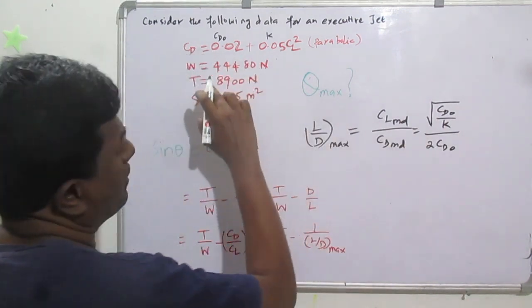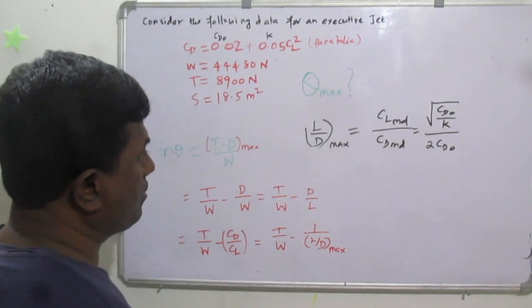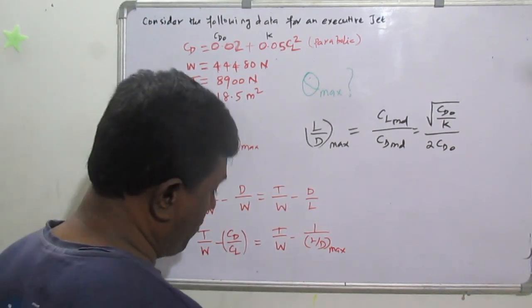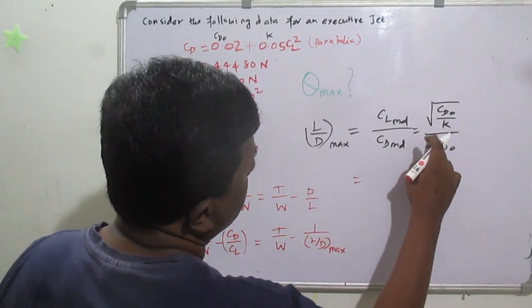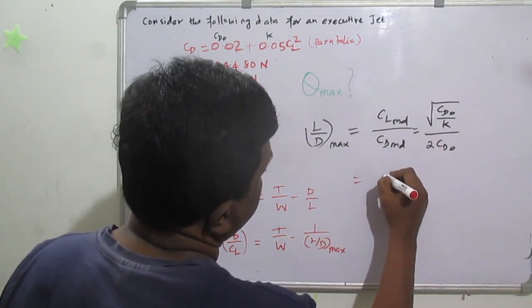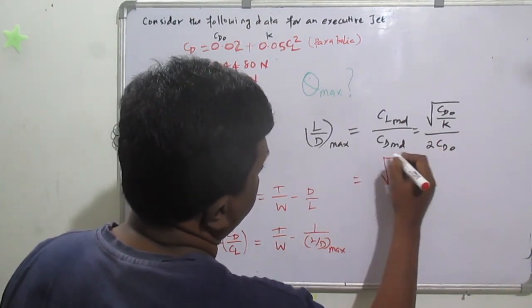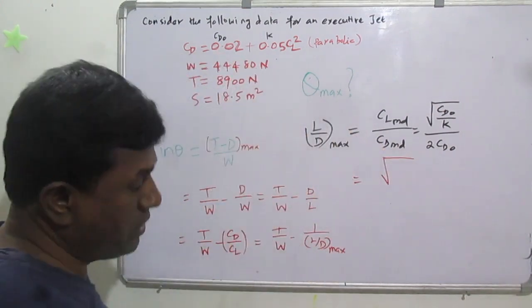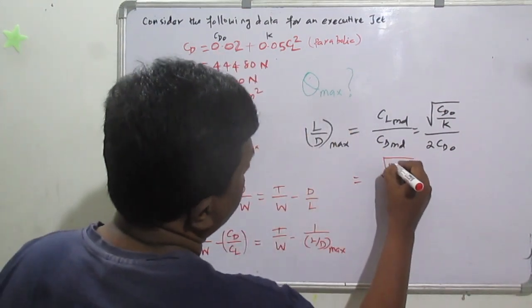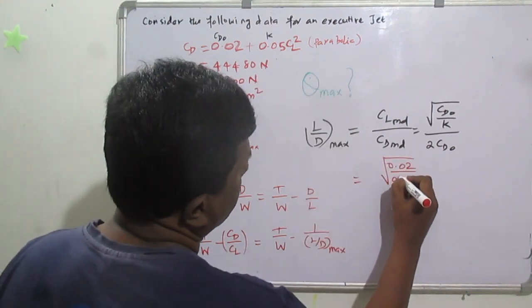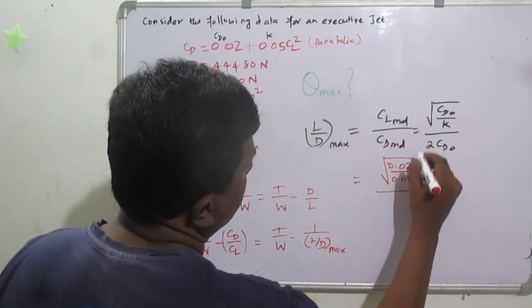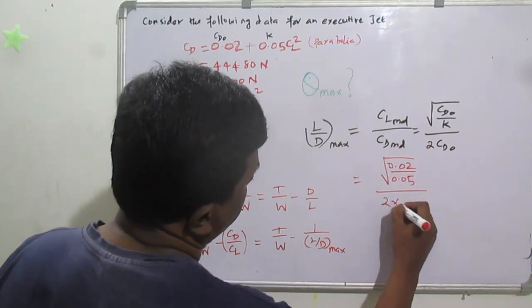So L by D max equals square root of CD naught by K, over 2 CD naught, which is square root of 0.02 by 0.05, over 0.05 (twice CD naught).